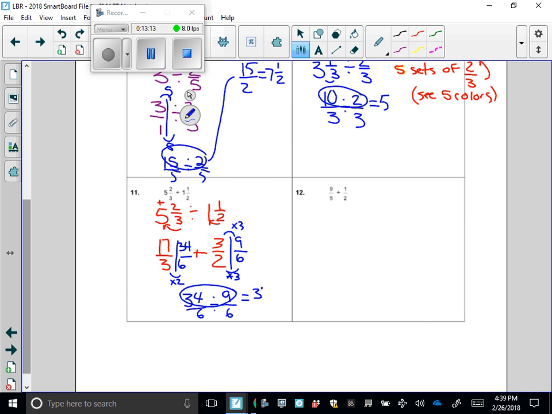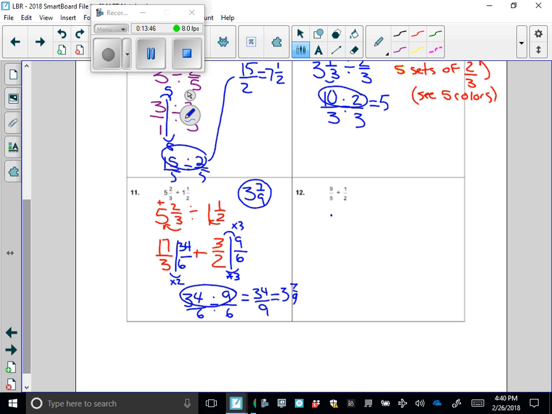So 34/9. 9 times 4 is 36. So that's too big. So we would say 3. 9 times 3 is 27. So I have 7 as a remainder. So my final answer is 3 7/9.